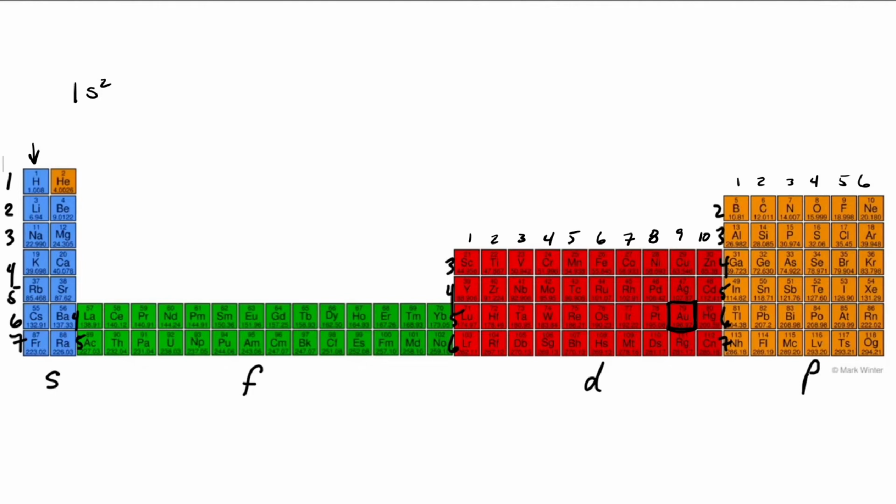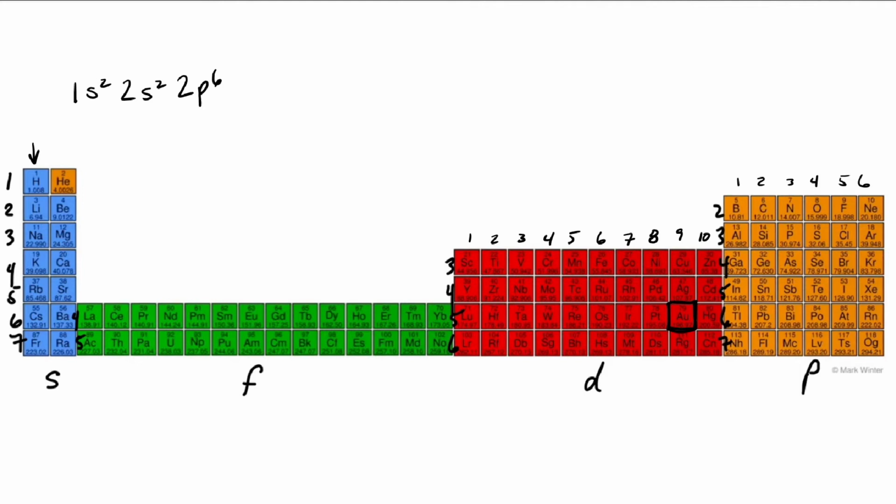On the second row, the first one we run into is lithium. And so that's going to fill the 2s shell with 2 electrons. And then on the second row, we run into the 2p orbitals. And there are 1, 2, 3, 4, 5, 6 electrons in that. So we write it as 2p6, 6 electrons in the 2p orbital.